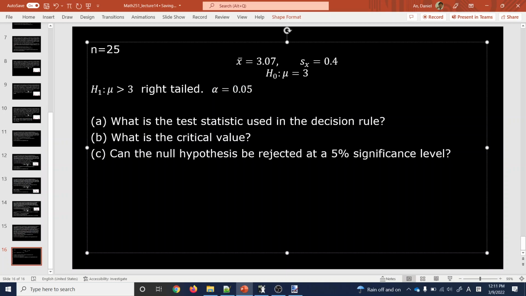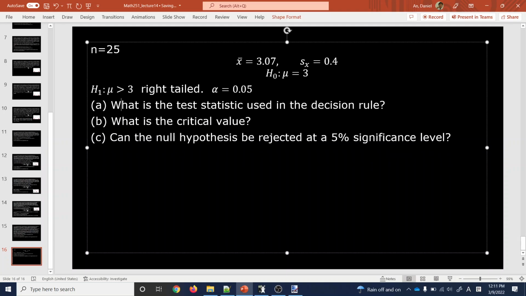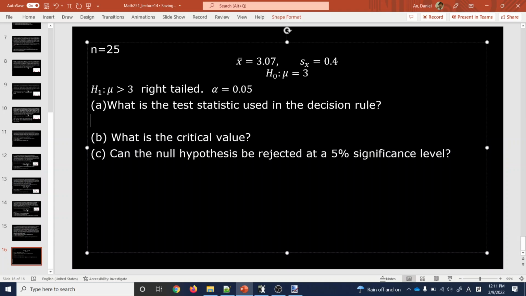All right, so let's use this to find all this. Again, the sample size is 25. I should have made this higher, but again, we're stuck with the t distribution, right? Because we only have the sample standard deviation.